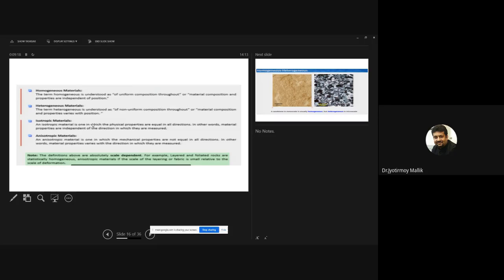So it is homogeneous with respect to one particular property. When you say homogeneous, you are assuming a particular material property is in your mind, and with respect to that property, you define a material to be homogeneous or heterogeneous.